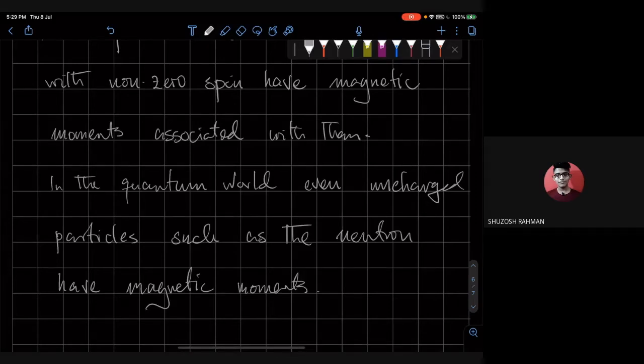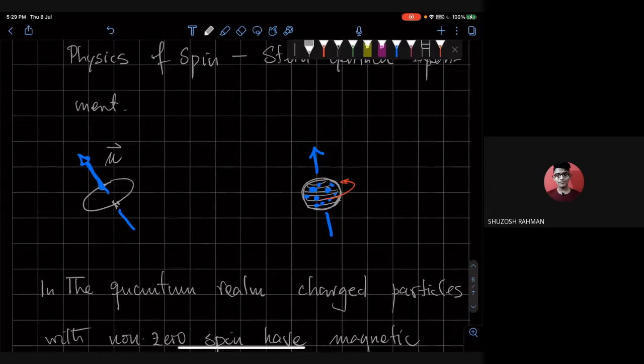And you might ask why, because classically we don't associate a magnetic field when there is no current in the loop. If I stop the current in this loop, the magnetic field will go away.